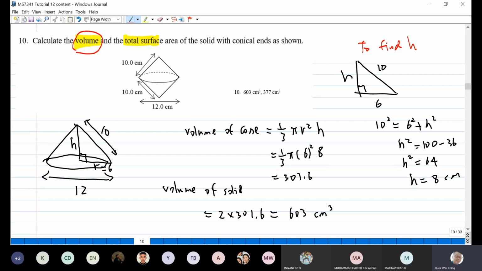So the h and the 10 here, just to remind you, some people maybe were not in the class yesterday. This 10 here we have named the slant height, and h is the height here. So this is the height here.